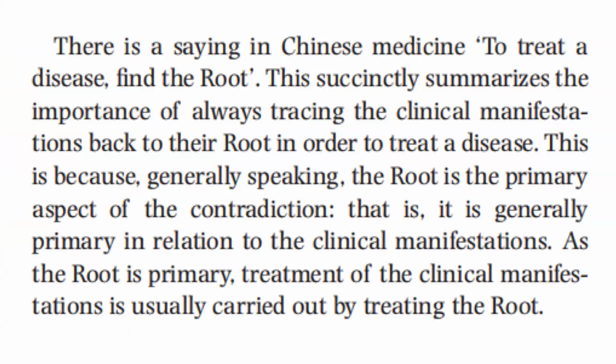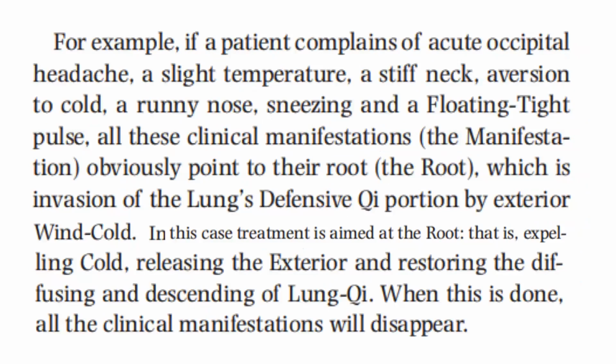As the root is primary, treatment of the clinical manifestations is usually carried out by treating the root. For example, if a patient complains of acute occipital headache, a slight temperature, a stiff neck, aversion to cold, a runny nose, sneezing, and a floating tight pulse, all these clinical manifestations obviously point to their root, which is invasion of the lungs' defensive chi portion by exterior wind cold.